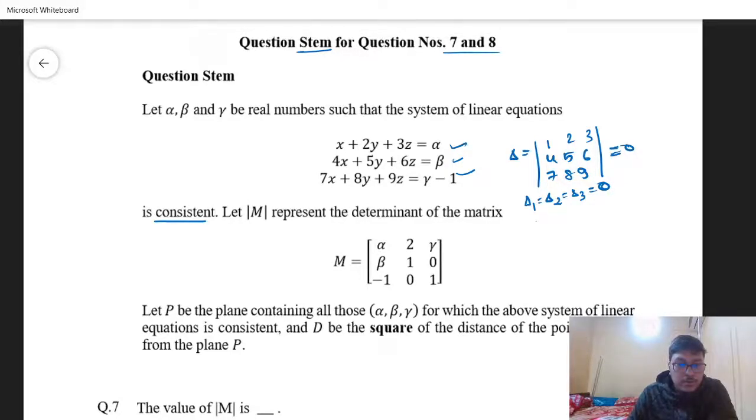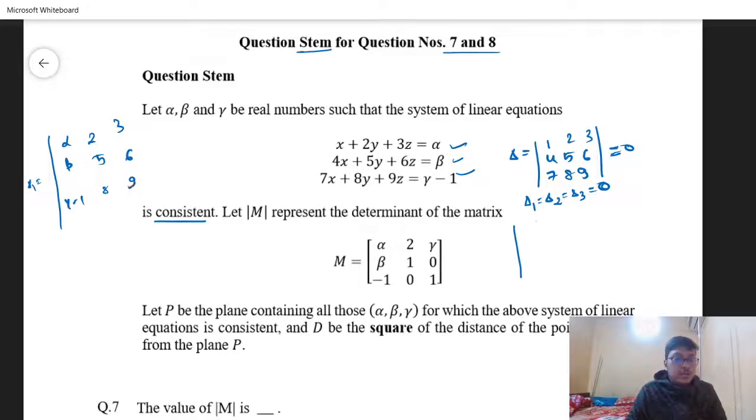So you could see that delta 1 equals alpha, beta, gamma minus 1, 1, 4, 7, sorry, 2, 5, and 8, 3, 6, and 9 must be equal to 0. This system of equations must be homogeneous to be consistent.